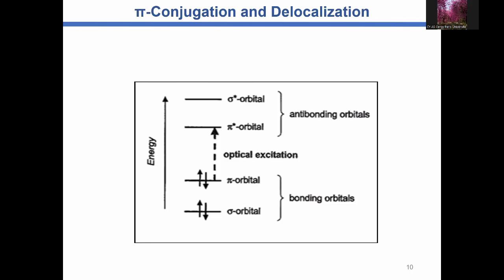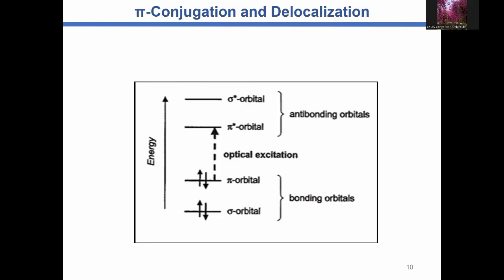But sometimes you can do it in your material. And if you see the p bond, you can see that the p bond, in terms of energy, bond and anti-bond, has bond and anti-bond with lower energy than the sigma.